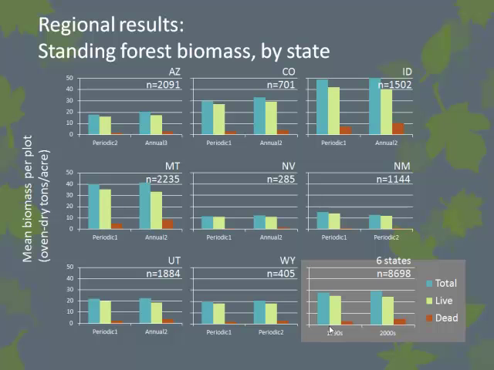I'm pointing that trend out because I've actually seen people take forest inventory data and compare live standing biomass and say this is the amount of standing carbon on the forests. If they do that using only live biomass, they're missing a big part of the picture and sometimes producing erroneous trend lines.